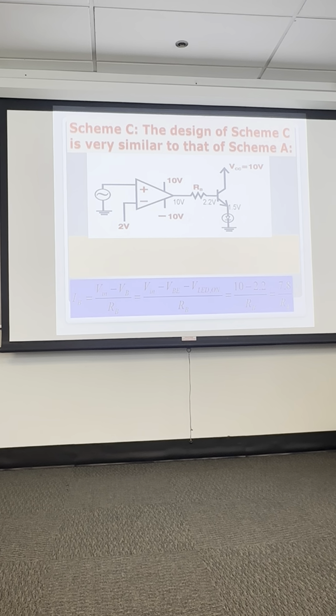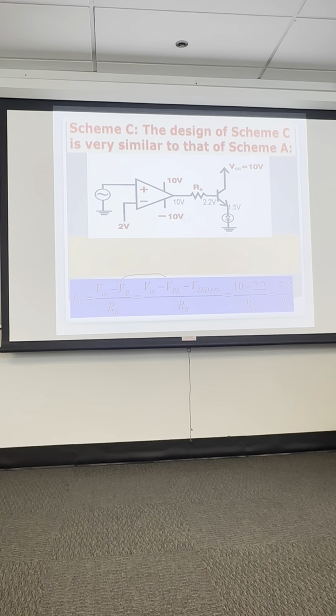Now the same equation is going to apply here. The base current is Vin minus the base voltage over R sub B, and the new V sub B is V sub BE plus the LED turn on voltage.